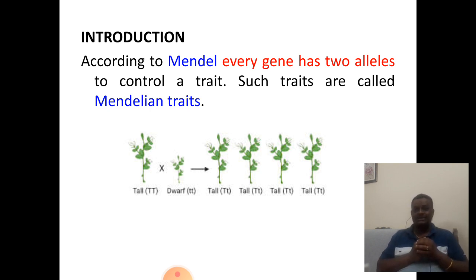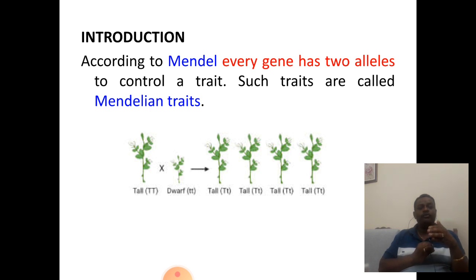the classical example of Mendel related to the pea plant, when a tall pure line of pea plant is crossed with a dwarf pure line plant, that is a homozygous dominant crossed with homozygous recessive, you find only two alleles representing a single trait, and hence in F1 generation you find all tall plants.